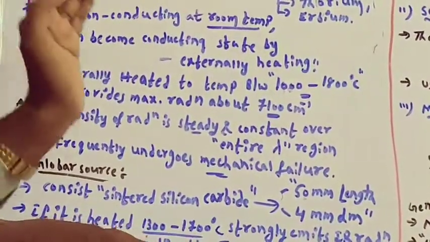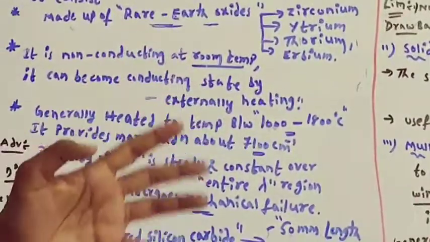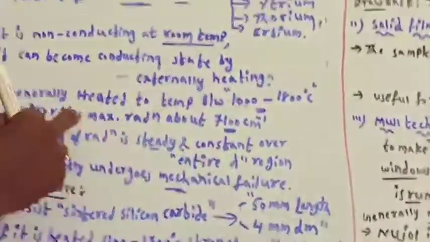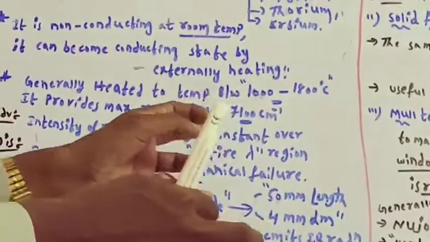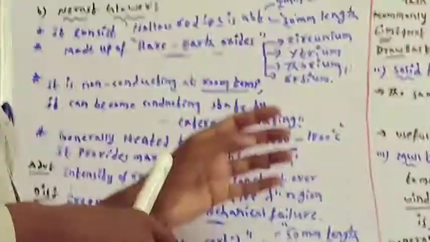Within this temperature range it provides maximum radiation at about 7100 centimeter inverse.